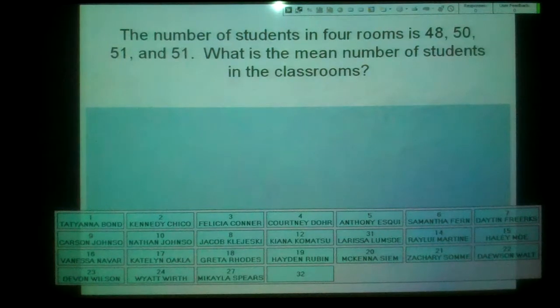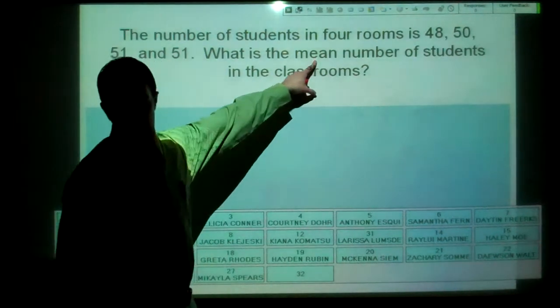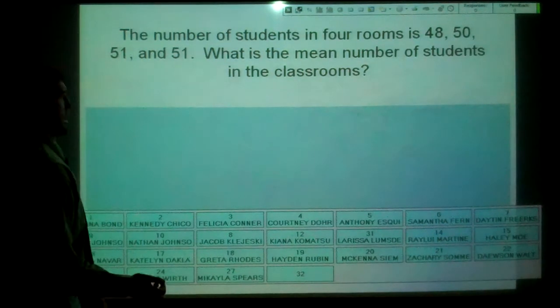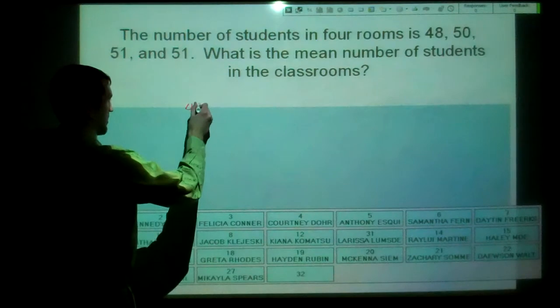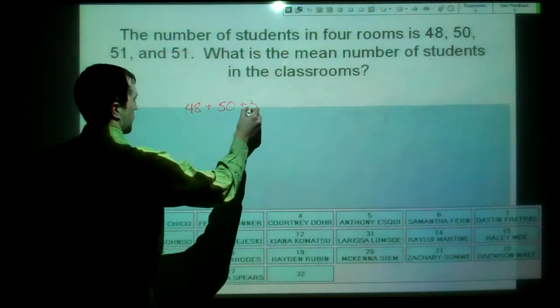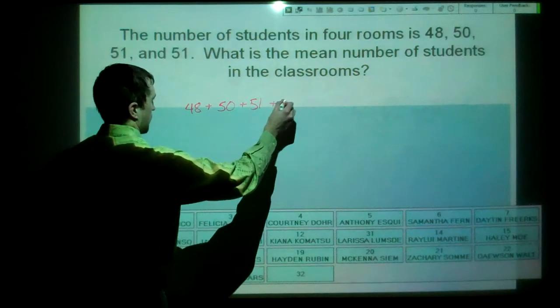So, first question that we'll see tomorrow, or something very similar. The number of students in 4 rooms is 48, 50, 51, and 51. What is the mean number of students in the classrooms? Okay, mean, that's the key word here. Mean means average. So what we're going to do is add up 48 plus 50 plus 51 plus 51.